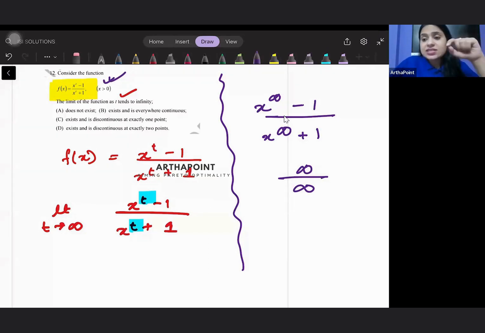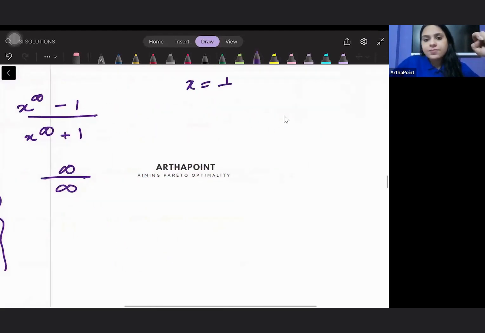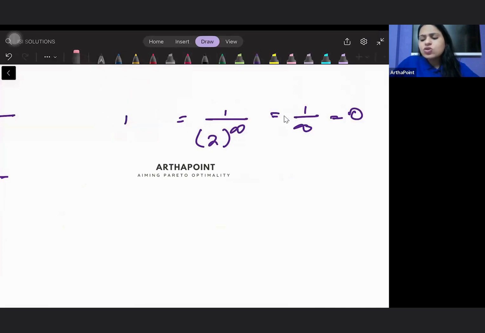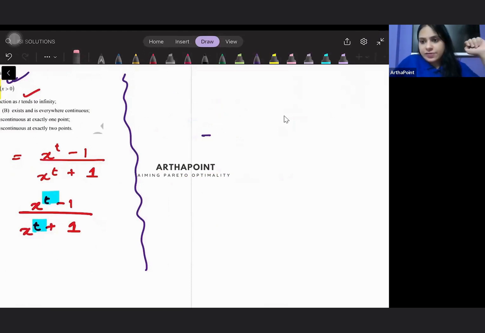But x can also be a fraction, right? If x is say half, then half to the power infinity, this will be 1 by 2 to the power infinity, and 1 by infinity will be 0. Are you getting it? So basically, either I will be getting 0 by 0 form, or infinity by infinity form. I will be getting some form which is not defined.